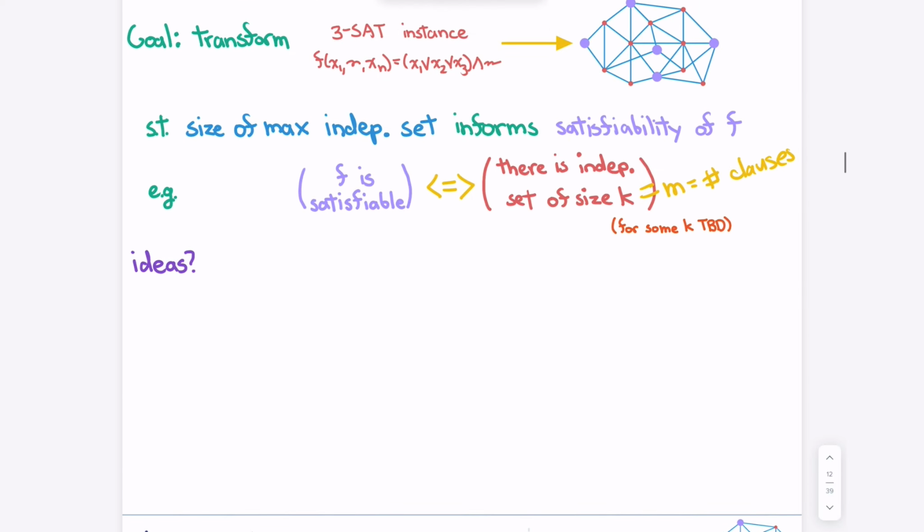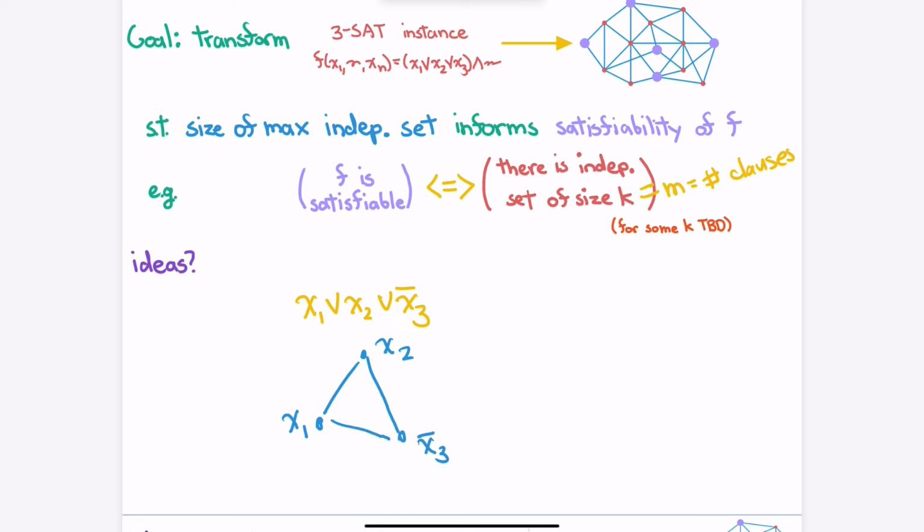Okay. So if I had a clause like x1 or x2 or not x3, you're saying I should make three vertices corresponding to the literals: x1, x2, x3 bar. And if we connect them with edges like this, you can get at most 1 point from this clause if you choose one of these literals.